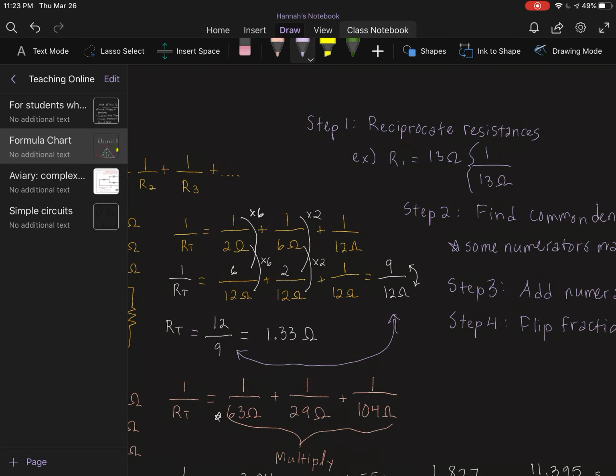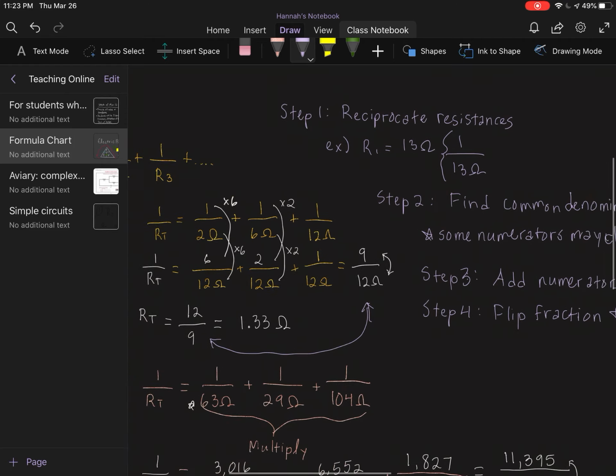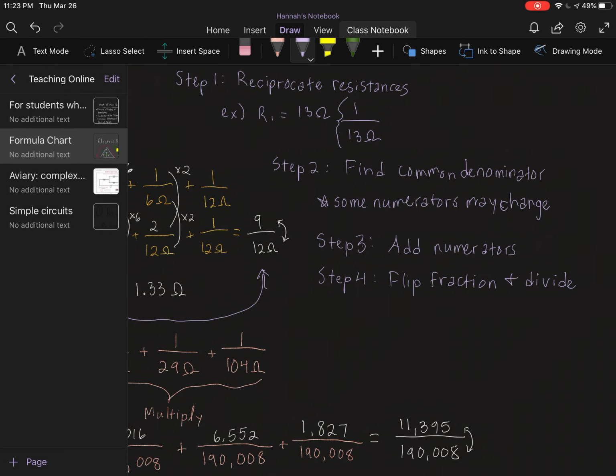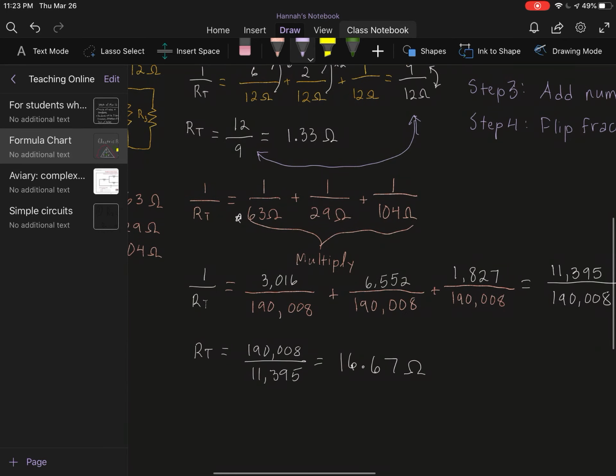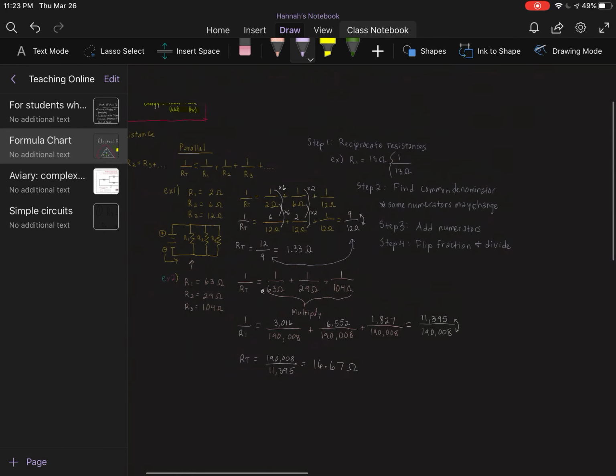If we had done 9 divided by 12, we would have gotten a very different answer. We would have gotten 0.75. And that is not 1.33. And, you know, you could argue that in the grand scheme of life, they're close. Not close enough. Not close enough at all. Okay? And then once you divide, you've got your answer.